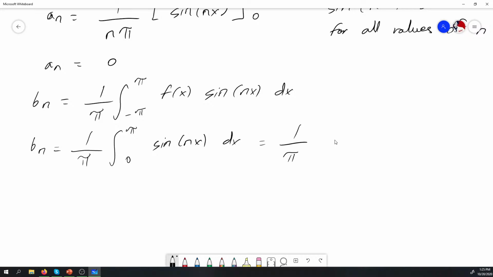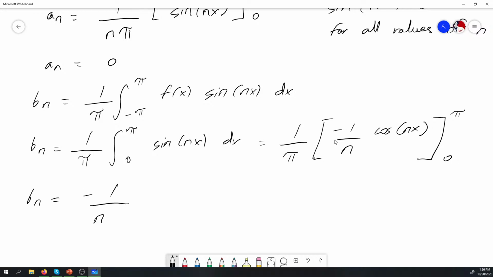Integrating sine gives negative cosine, because if we differentiate cosine, we get negative sine. So this is going to be minus 1 on n times cosine n of x between pi and 0. So b of n will be minus 1 on n pi times cosine n of x between pi and 0.